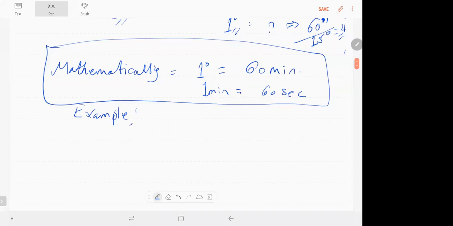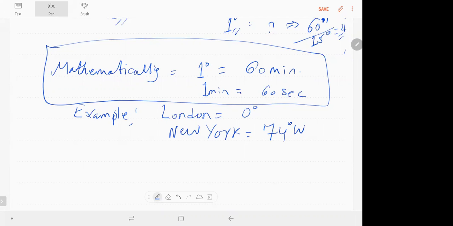Example. Let us say there are 2 countries, actually 2 cities. Number 1, that is London. London is geographically located at 0 degree, that is at the prime meridian, yes? That means in GMT. And the other city is New York in America. New York is located at 74 degree west.